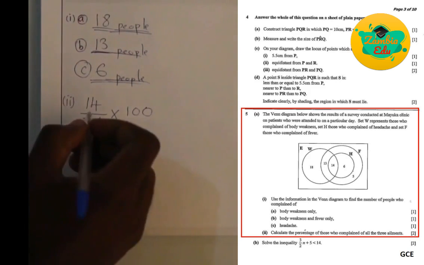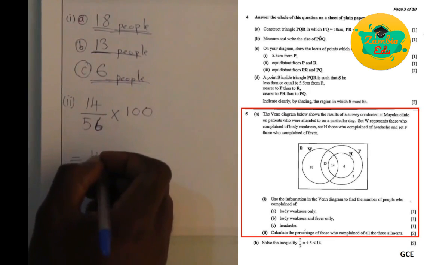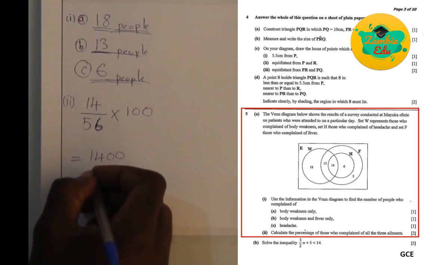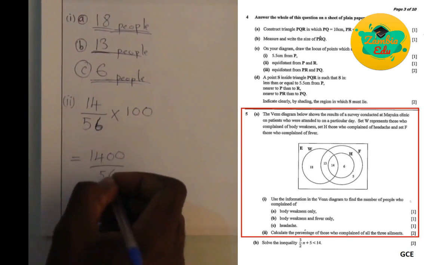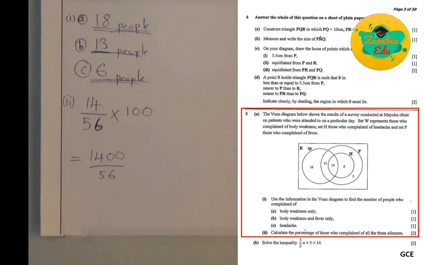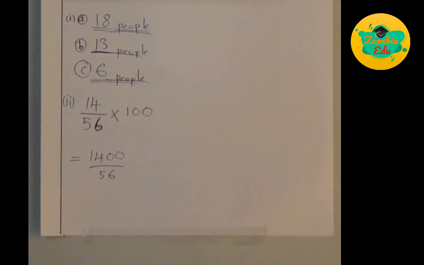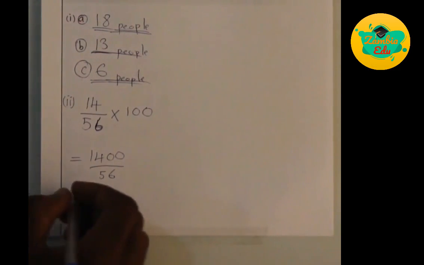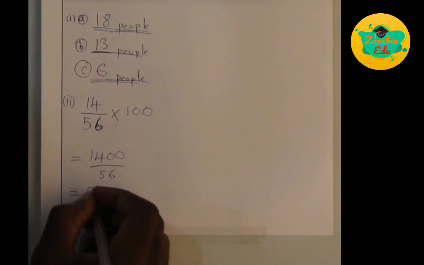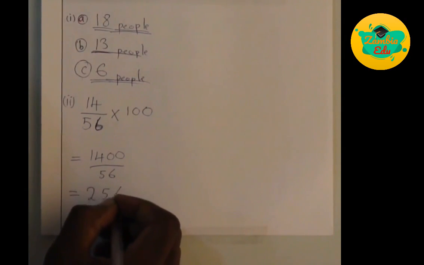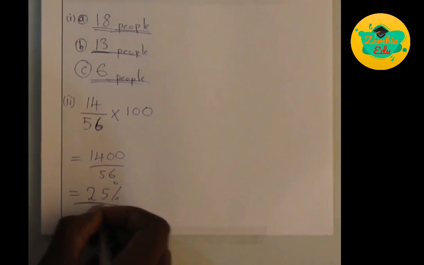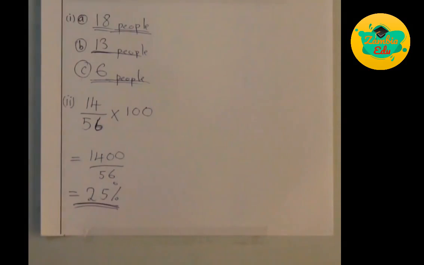So 14 times 100, 1400 over 56. So 1400 divided by 56, and you get your answer being 25%. You do that, you're home and dry, you're good to go.